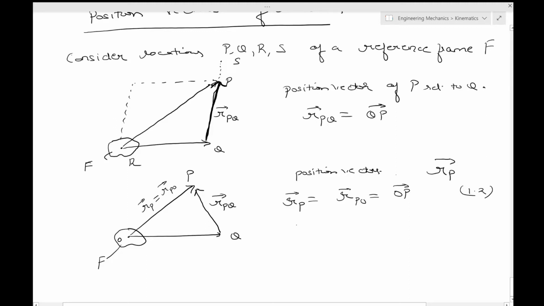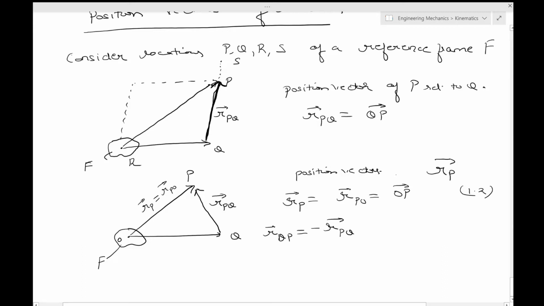You know from your own knowledge that RQP will be equal to minus RPQ. So the position vector of Q with respect to P will be the negative of the position vector of P with respect to Q.